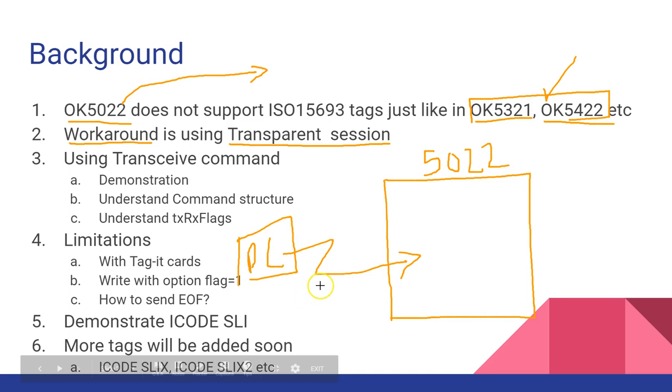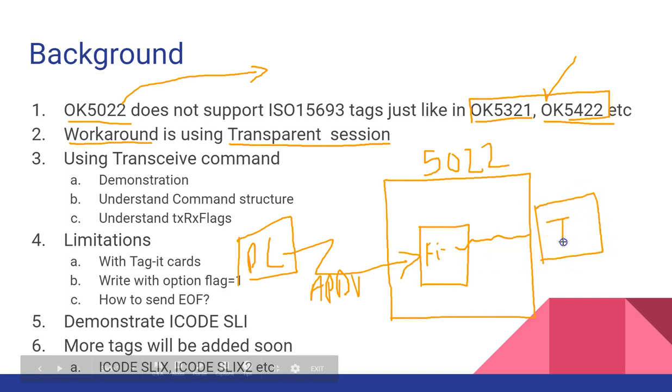This command is in the form of an APDU, which is nothing but a sequence of bytes. These commands are first received by the controller, which has all the necessary firmware inside the 5022, and this controller decodes the APDU and eventually communicates with the tag.